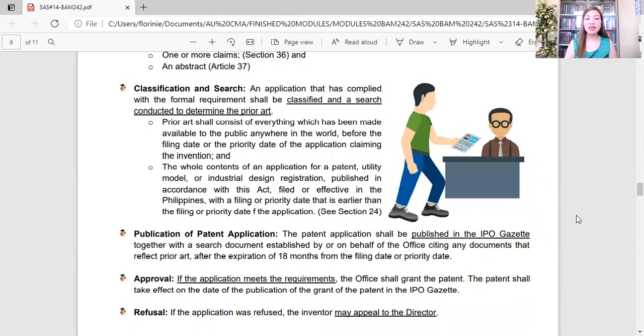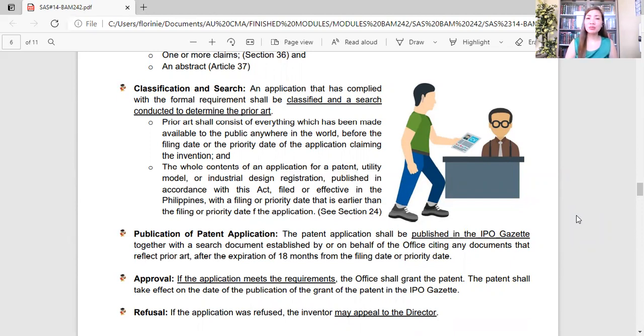Bakit ba kasi may classification and search na tinatawag? Kasi pag nag-file ka ng application, syempre, meron kang mga documents na isasubmit. Yung mga documents na isasubmit mo, hindi naman porket sinubmit mo yan ay hindi na yan bibigyan ng panahon para aralin.